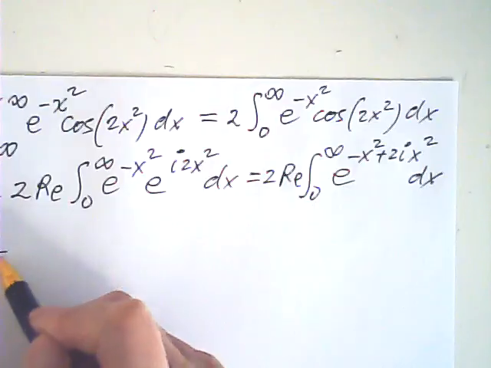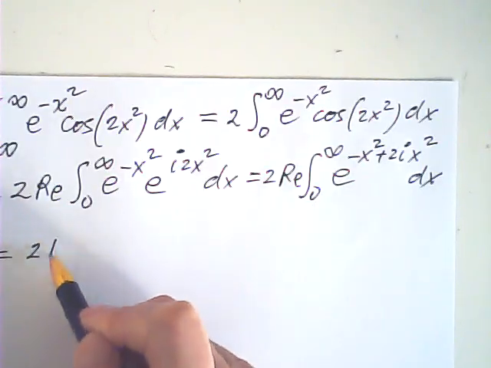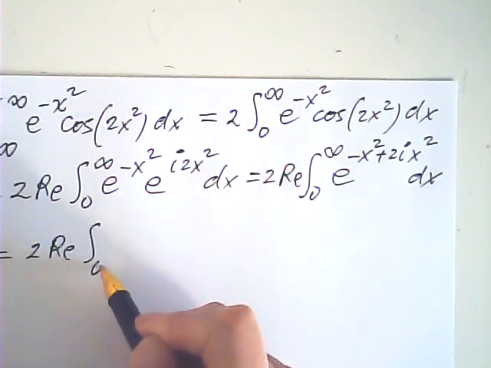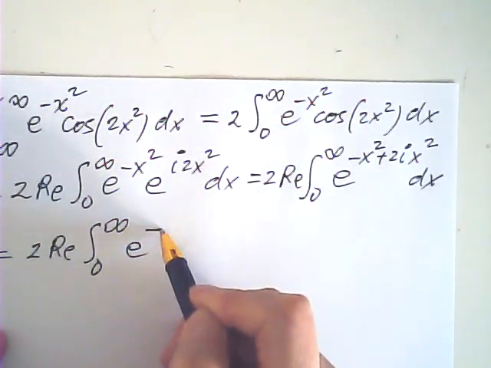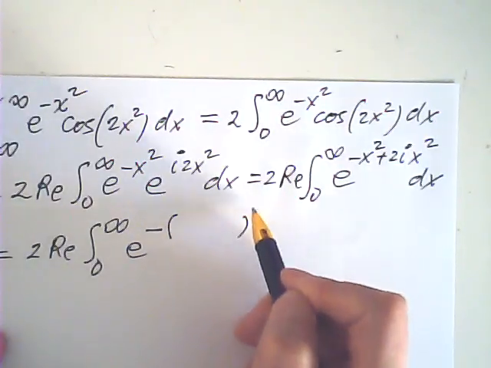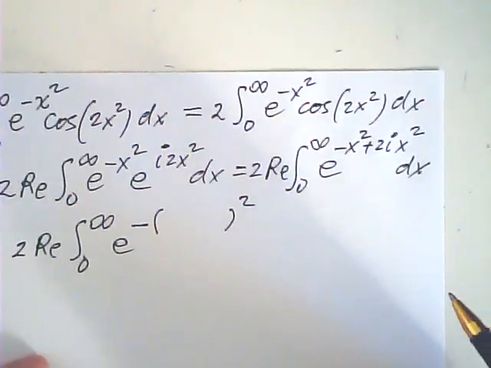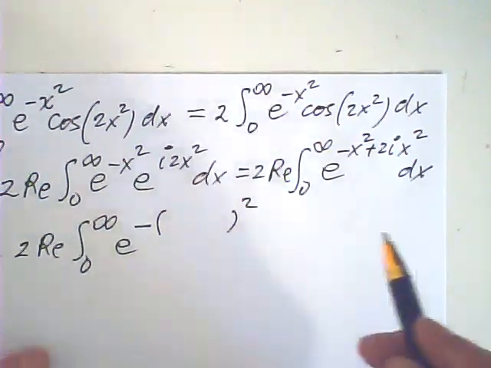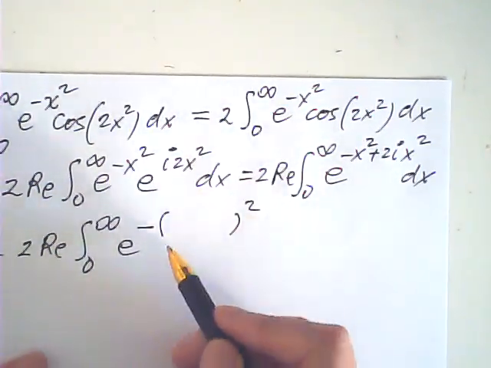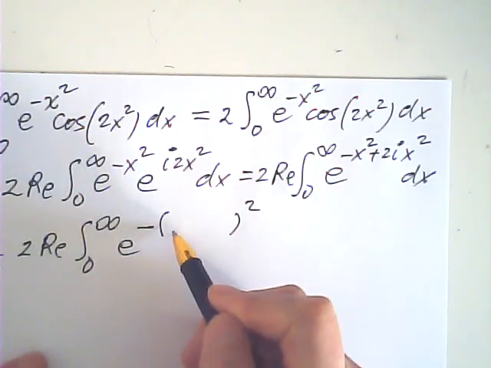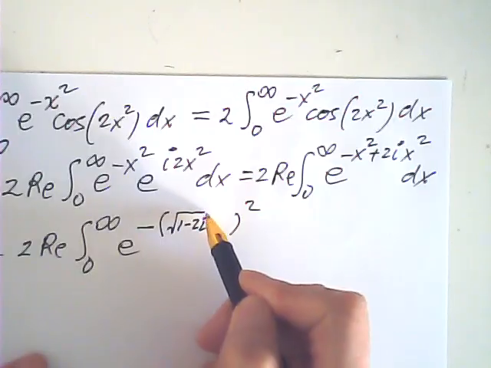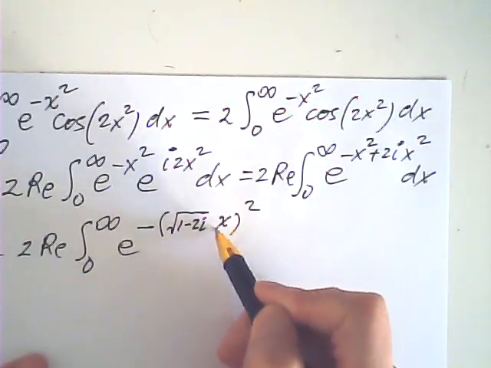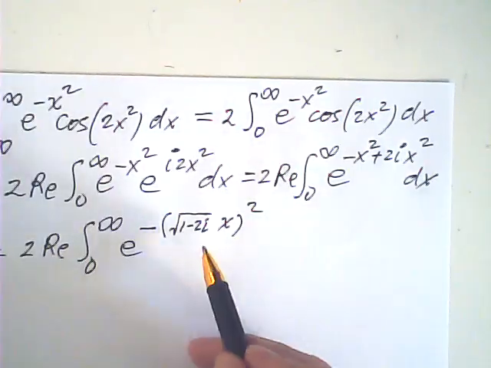So this is equal to 2 real parts, which is possible, something negative, something squared. That is what the Gauss integral requires, right? So this one is equal to the square root of 1 minus 2i times x.